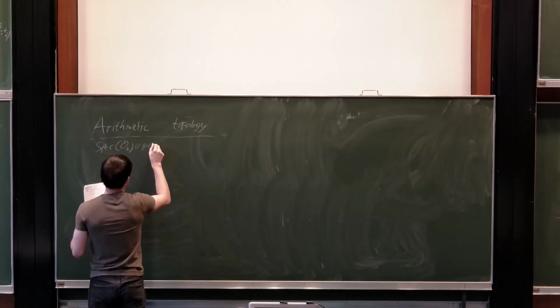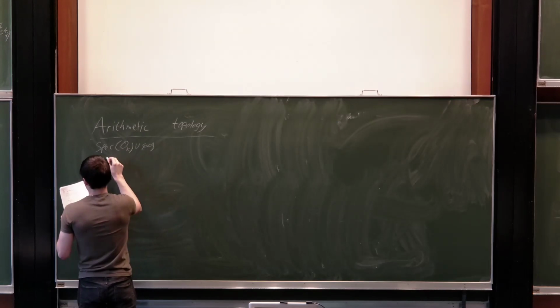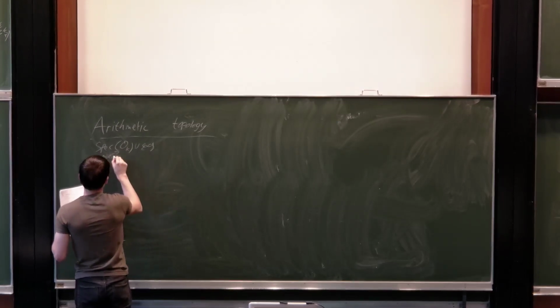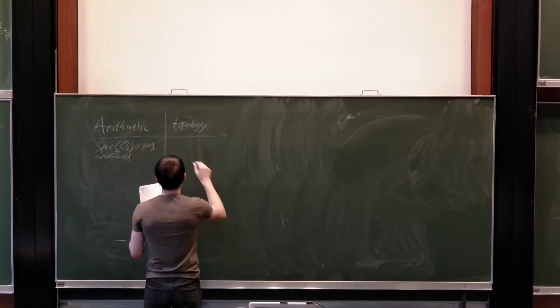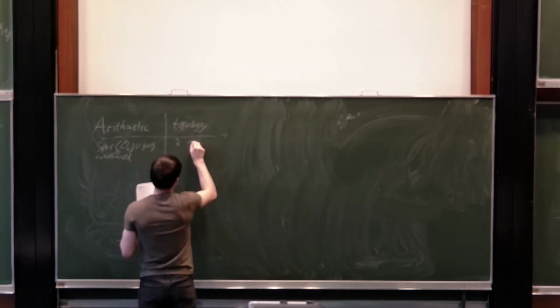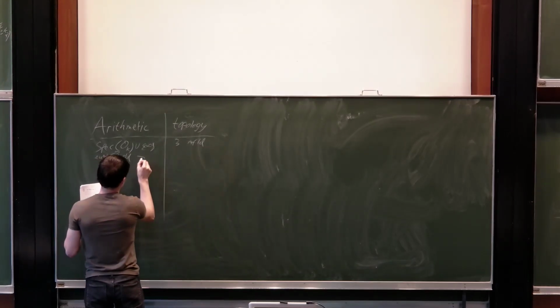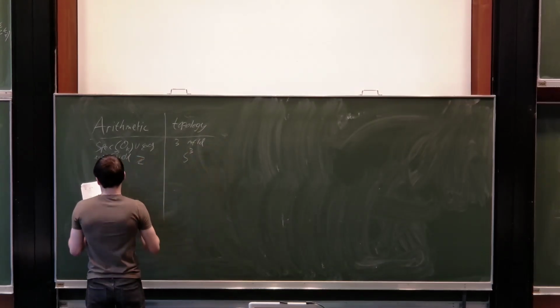So if this is some number field, on the topological side this corresponds to a three-manifold, thought of as the three-sphere.